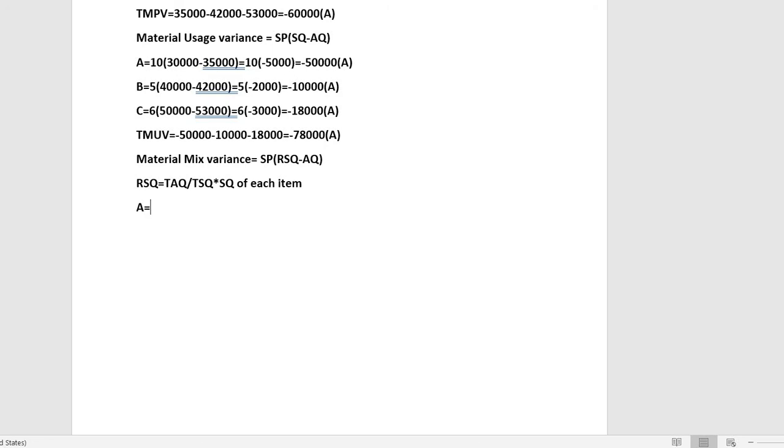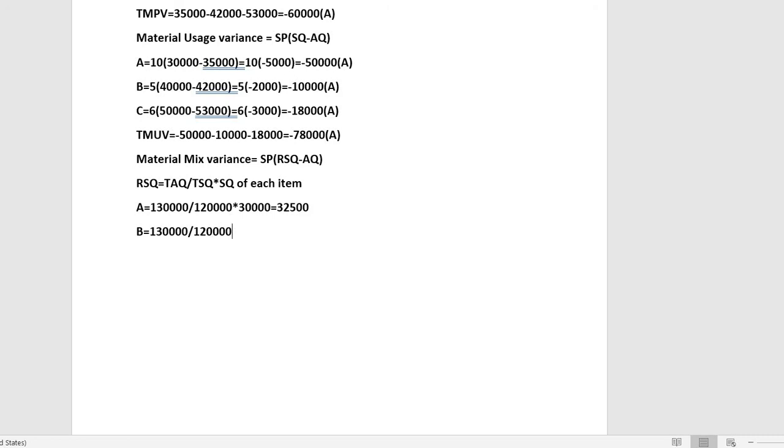To find this, for material A, the total actual quantity is 1,30,000 divided by total standard quantity 1,20,000 into standard quantity of material A, 30,000. The final answer is 32,500.